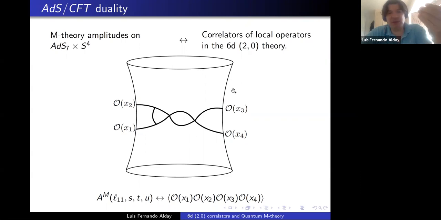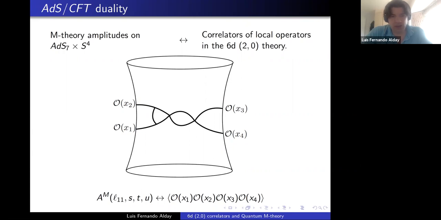But AdS/CFT tells us that the way to define an M-theory amplitude on AdS7 cross S4 is through correlators of local operators in the theory that lives in the boundary, which in this case is this 6-dimensional (2,0) theory. So we will map the amplitude we want to study into a problem of studying correlators in this 6D (2,0) theory. Is that okay?